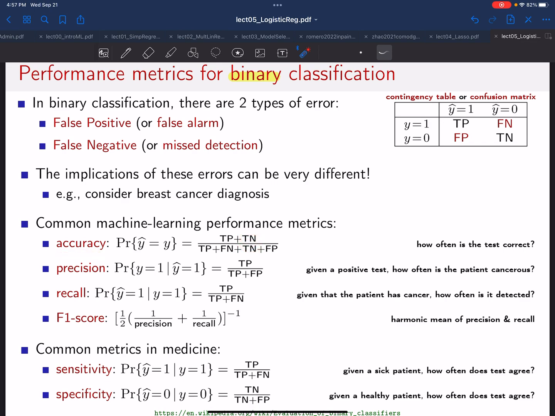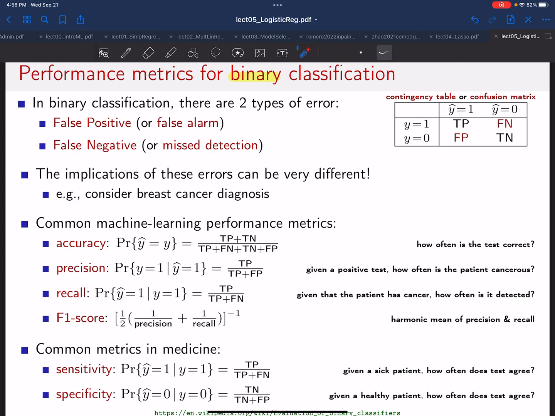But anyway, the typical way that you average these two is through the F1 score, and that is where you do the averaging in the inverse domain. In other words, you use the harmonic mean. So what you do is you invert the precision, invert the recall, look at their average, and then invert that. So that is also a pretty common metric that is going to give you some combination of precision and recall, but it's going to be different than accuracy.